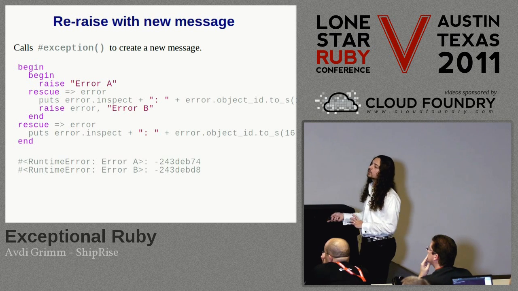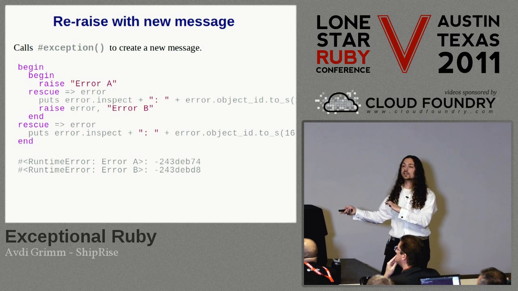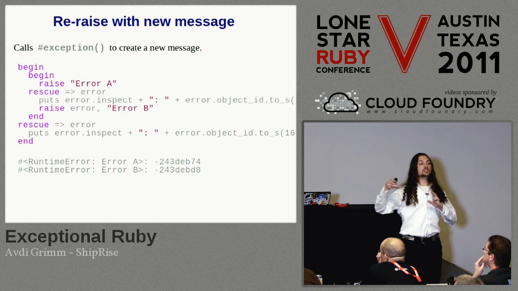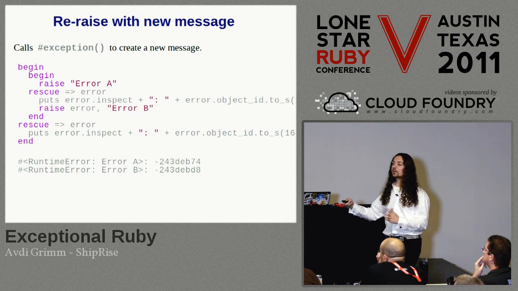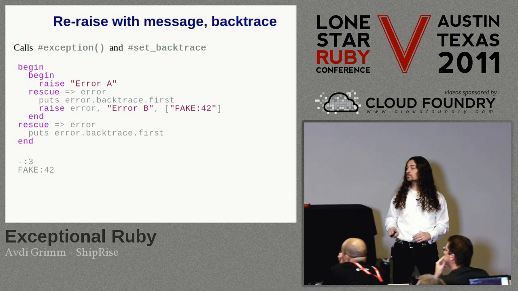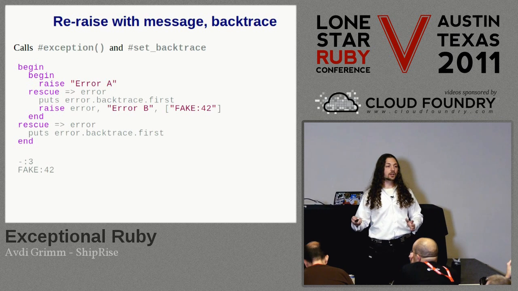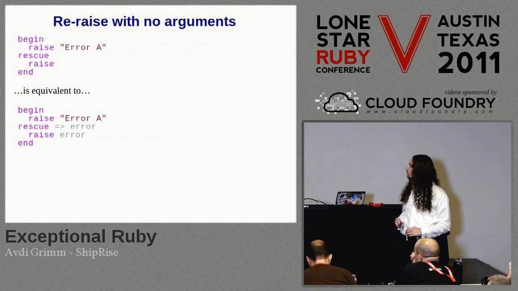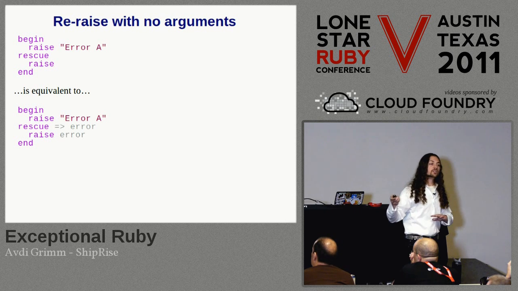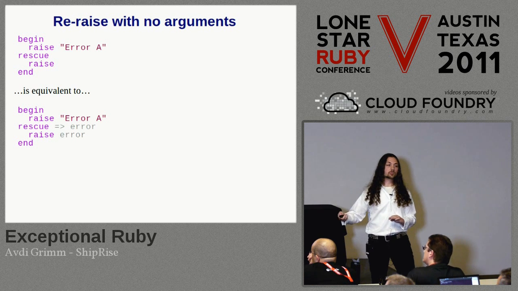This is really handy if, at a higher level, you have more information about the context that exception was raised in, and so you can add some useful contextual information to that error message, and then rethrow the exception back up. And finally, you can also alter the backtrace of the exception when you're re-raising it. If you call raise with no arguments whatsoever inside rescue, it's just going to re-raise the exception that's currently being handled.